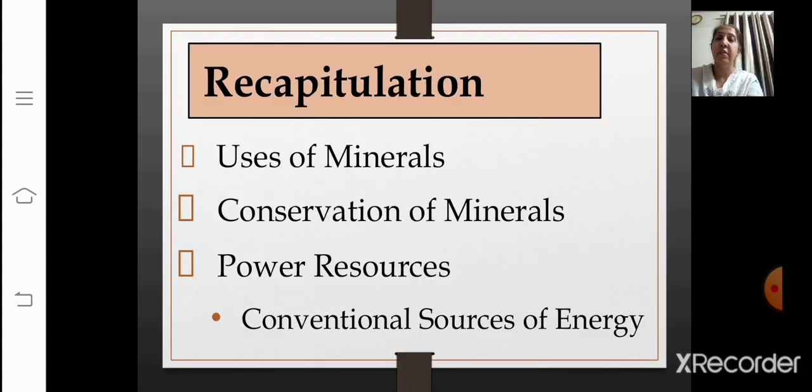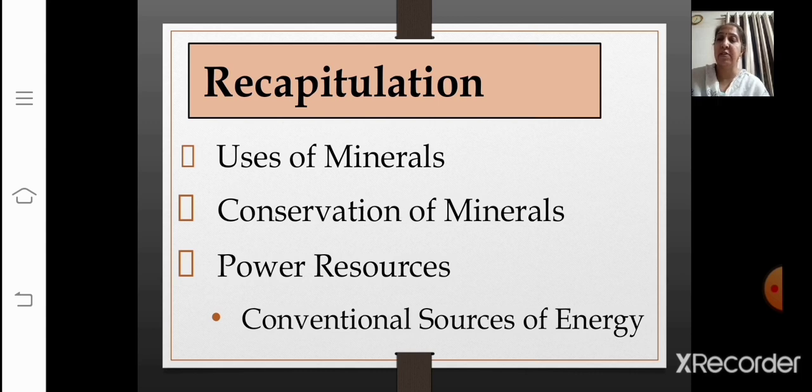So today, let's have a quick recap of what we have learned in today's session. We have learned about the uses of minerals. Then we learned about the conservation of minerals, that is the 3 R's: reduce, reuse, recycle. Then we saw the power resources, which were divided into two categories: conventional sources of energy and non-conventional sources of energy.